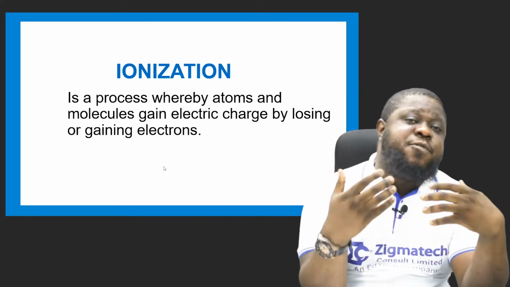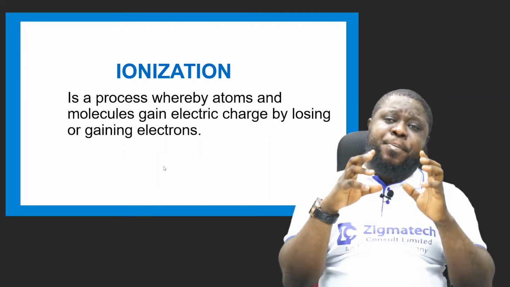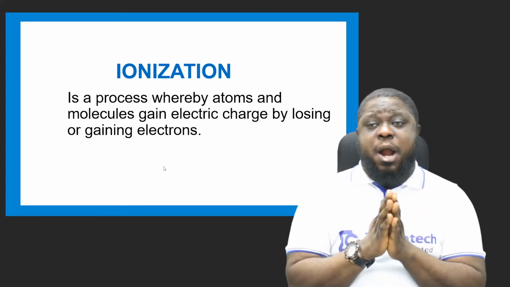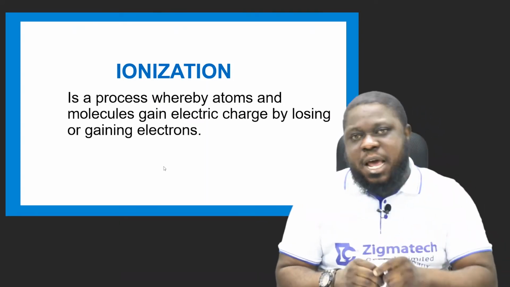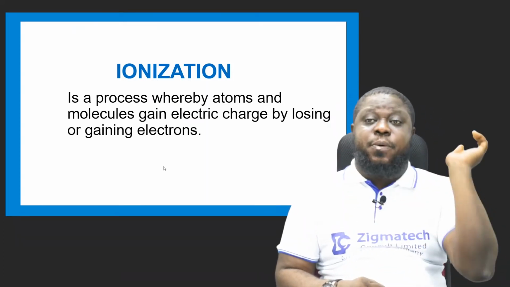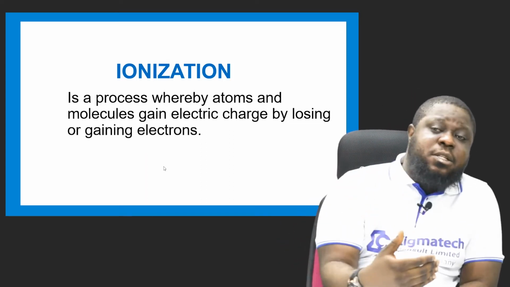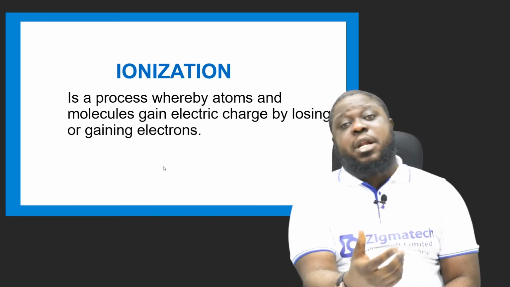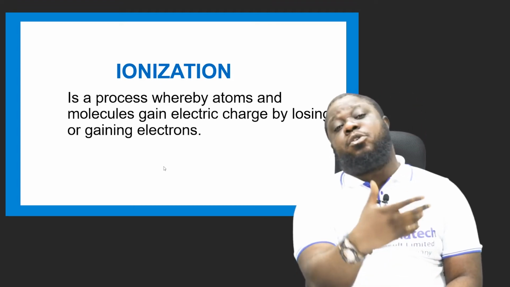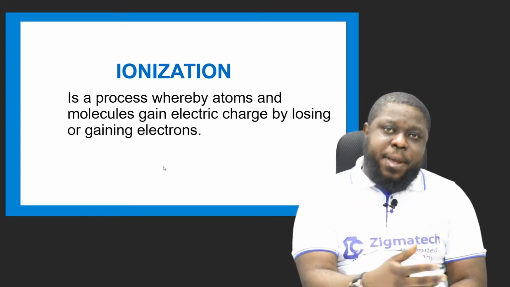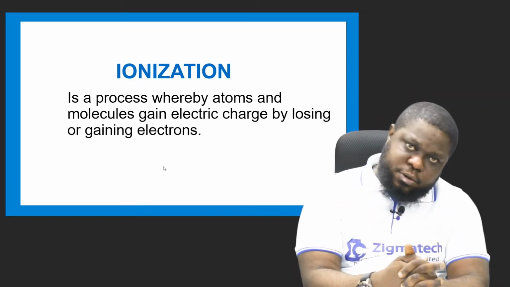This particular ionization is a process whereby atoms and molecules gain electric charge by losing or gaining electrons. I talked about this ionization when I talked about ions. So it is not a new thing to you. In the particles of matter part 2, when I talked about ions, I talked about ionization.